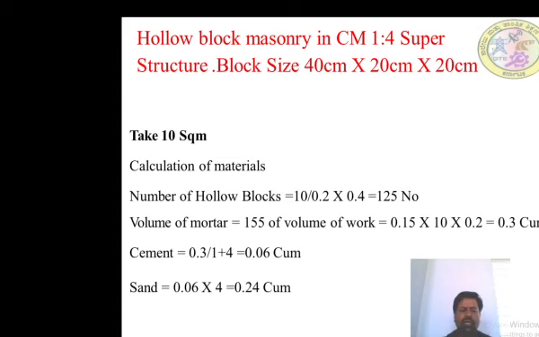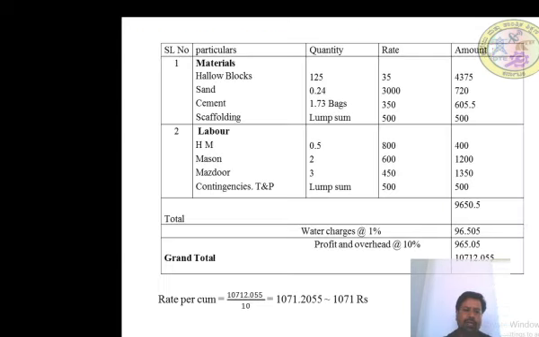So we know the quantity of cement and fine aggregate. Tabulate them with rates and quantities: particular, quantity, rate, amount. Materials: hollow blocks 125 numbers, rate 35 rupees, 4,375. Sand 0.24 cubic meter, so 720.